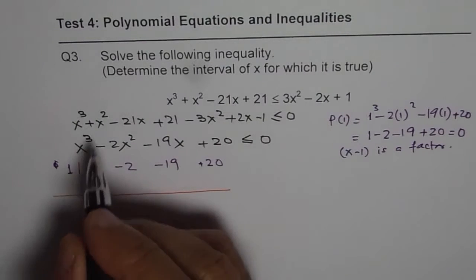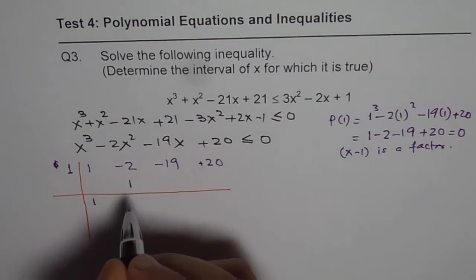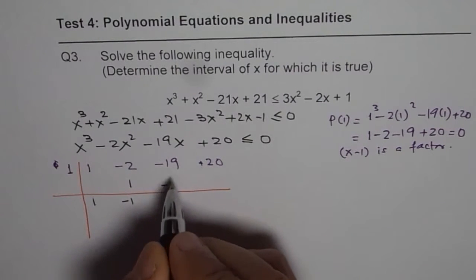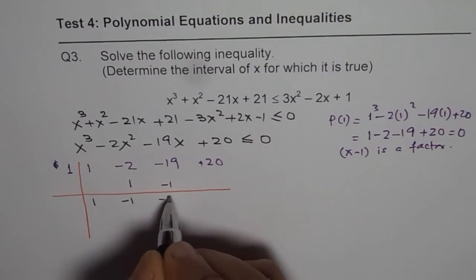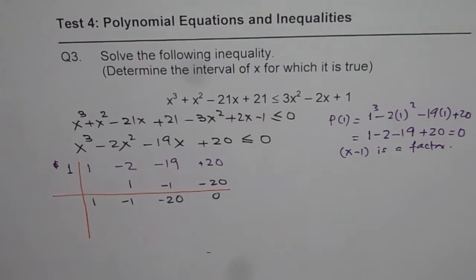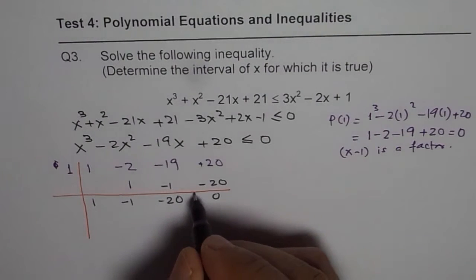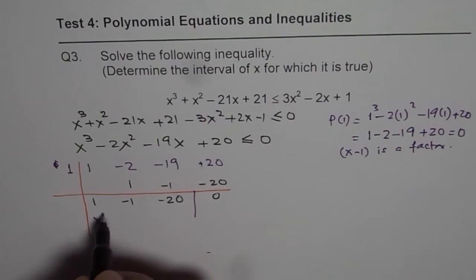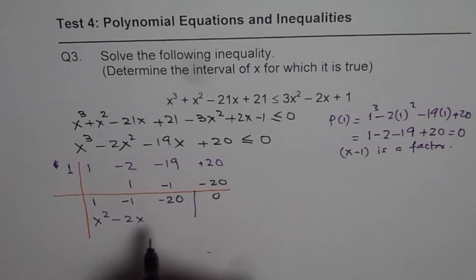Bring down 1, multiply, add, we get minus 1, multiply, add, we get minus 20, multiply, and we do get 0. So the other factor is x squared minus x minus 20.